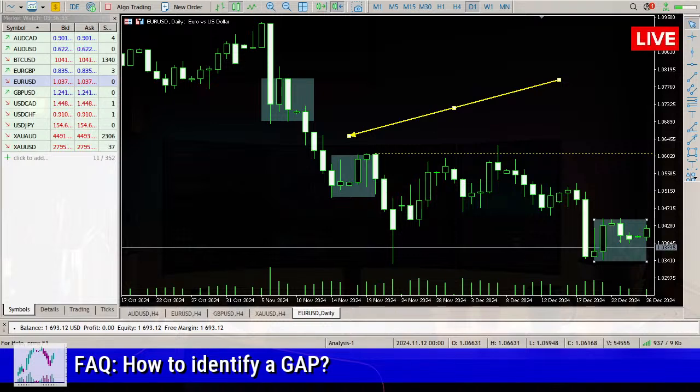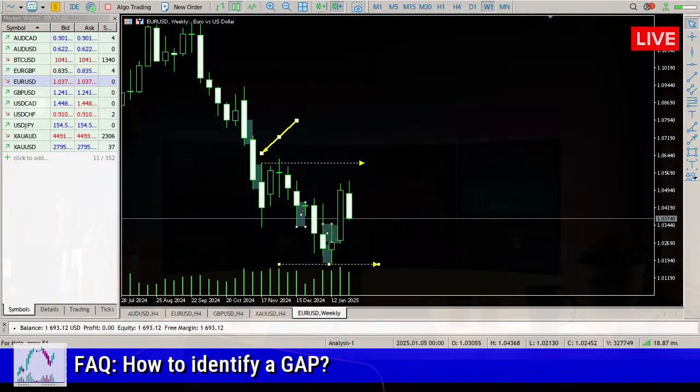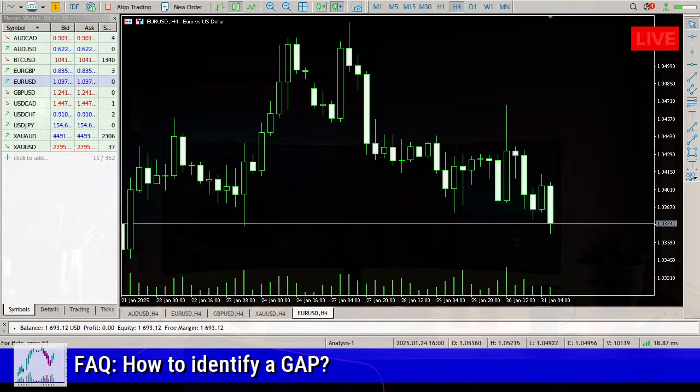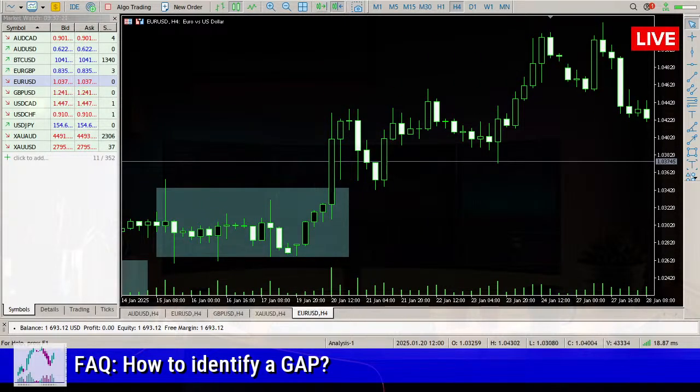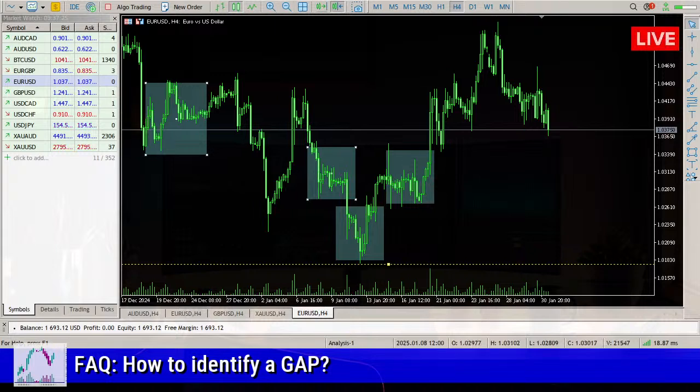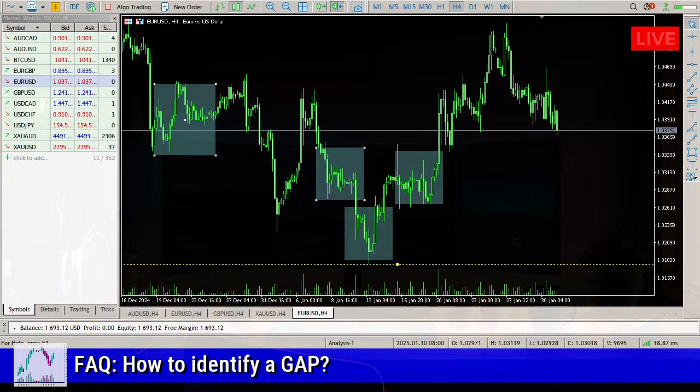I find out that this is a gap between two bases. So I move to the weekly time frame, and I see there is a gap. If I want to be more conservative with my trading plan, I move to a lower time frame to lower my risk.